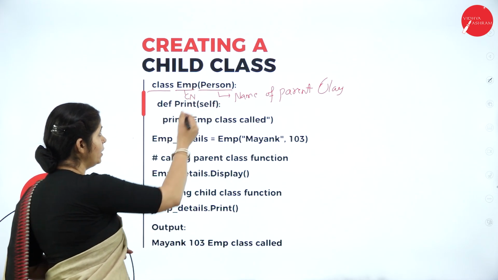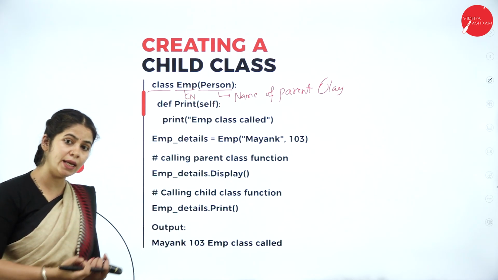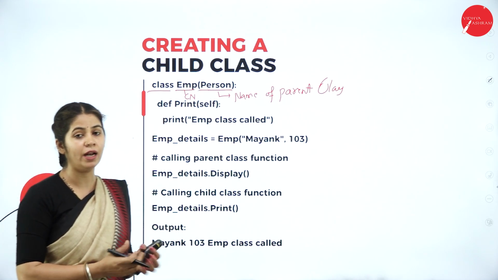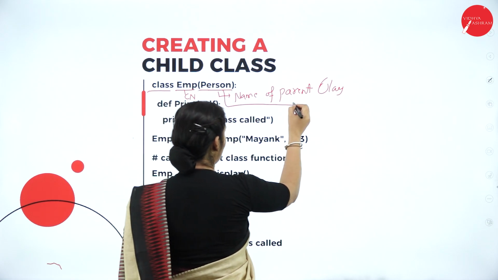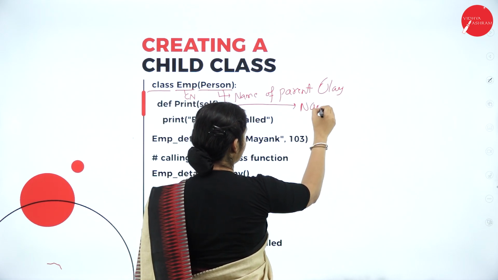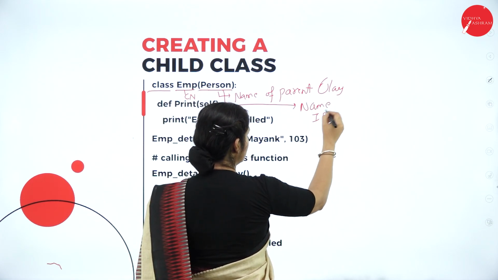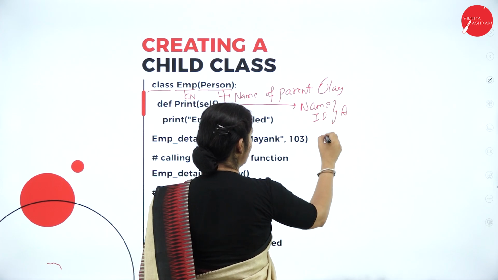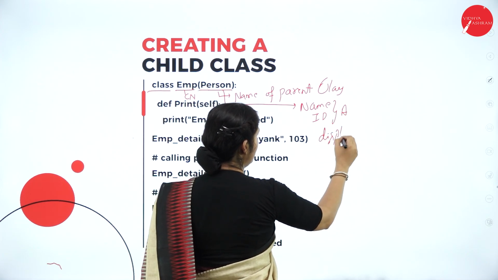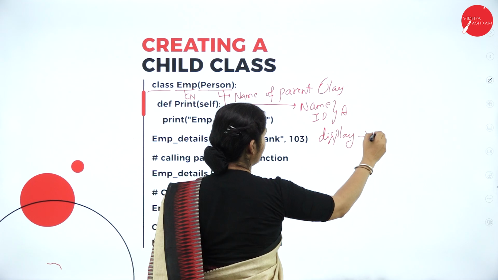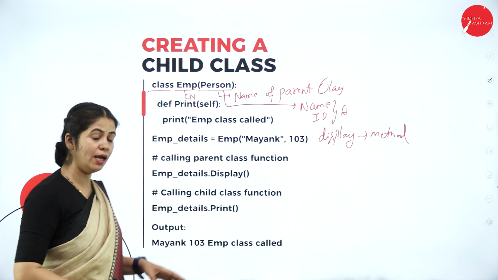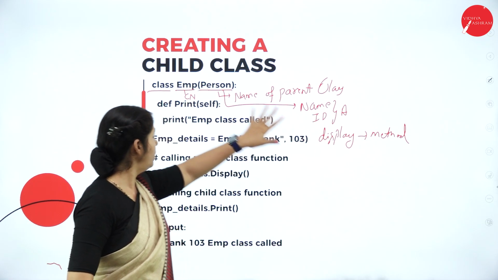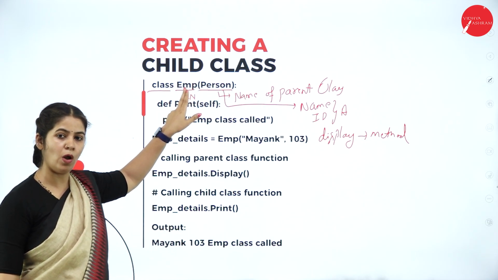By this parent class Person, we are inheriting the attributes and the method of this parent class. What are the attributes and the method of the parent class? Name and ID are attributes, and display is a method, right? So we are inheriting the name, ID and the display to the child class Employee.